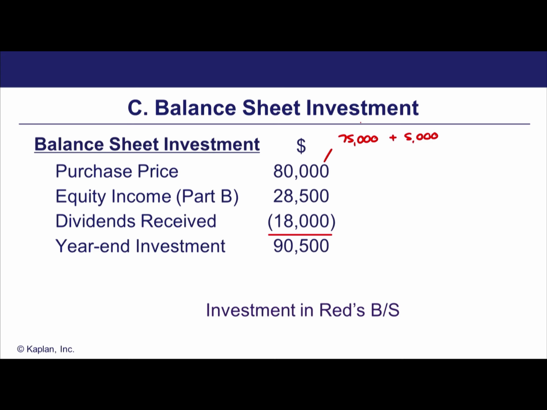Remember, our equity income is made up of the 30,000, our share of its net income, minus our share of the amortization of the fair market value adjustment, the 1,500. Then deduct the dividends. It paid out a dividend of 60,000, so 30% of 60,000 gives us 18,000, and our year-end investment of 90,500.